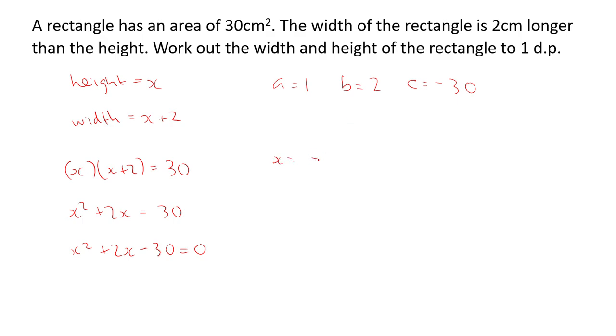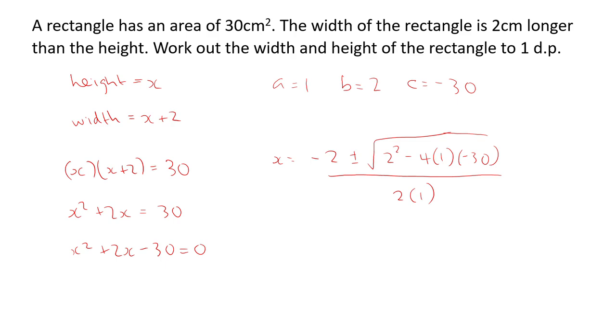So minus b is minus 2, plus or minus the square root of b squared, so 2 squared, minus 4, a being 1, c being minus 30, and all over 2a, so all over 2 times 1.